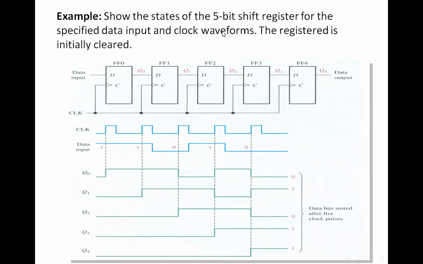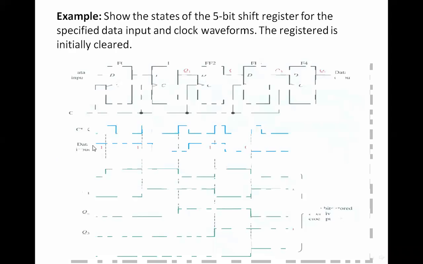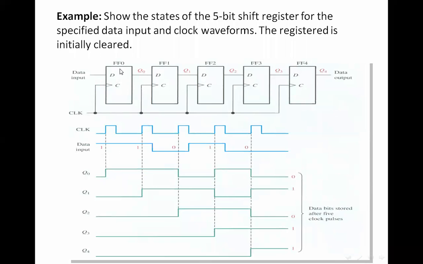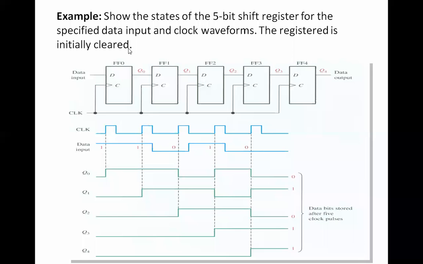This is the same diagram which was there previously. Flip-flop 0, 1, 2, 3, 4. So they have given an extra flip-flop actually. Fine. Because it's a 5-bit shift register.